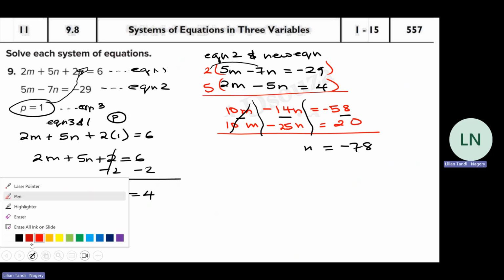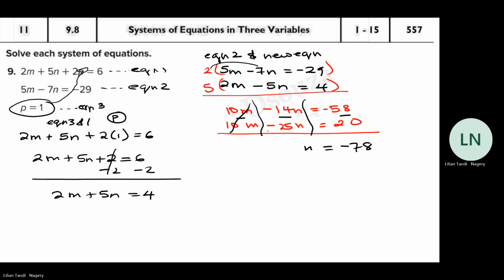So now, what do I have? What is 25 minus 14? 25 minus 14 is 11.